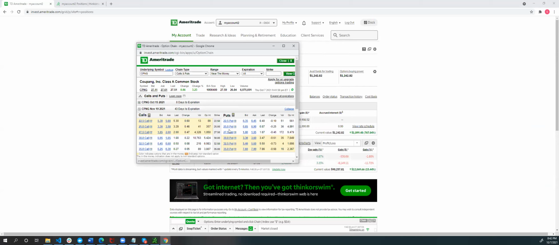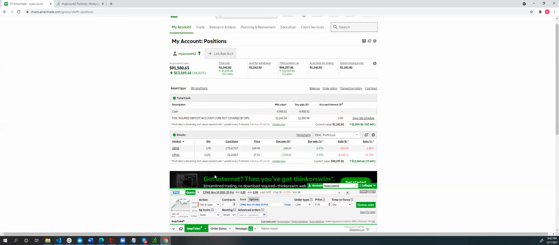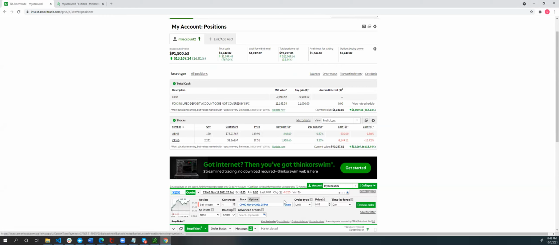I'm always writing almost 10% away from the current market conditions, and I'm getting this premium of 85 cents. So that means my effective cost, if it goes below 25, would be $24.15. So here I'll be again doing a sell to open, one contract.